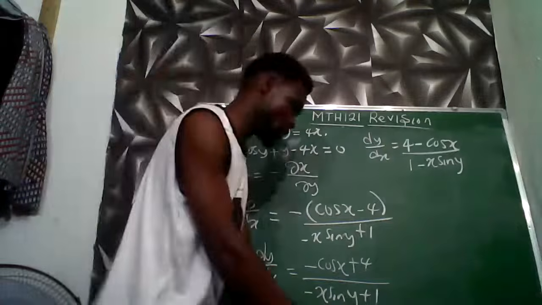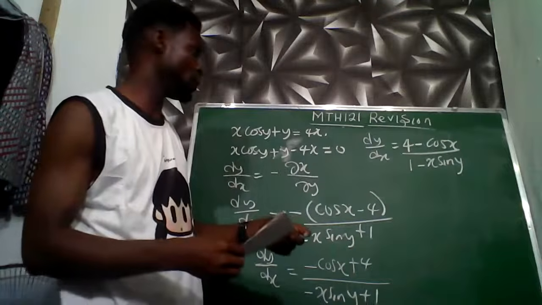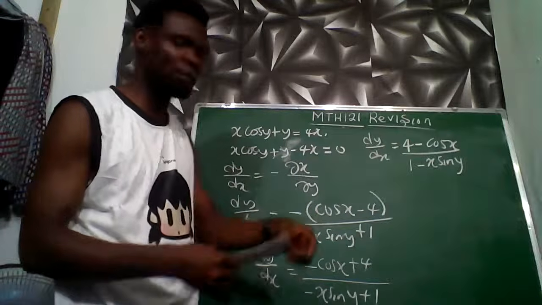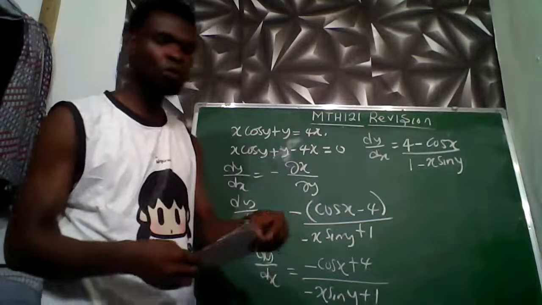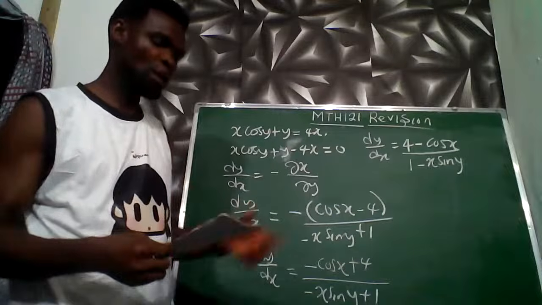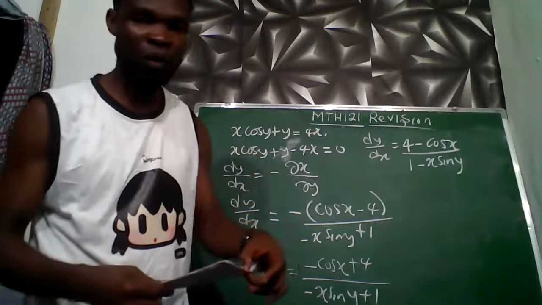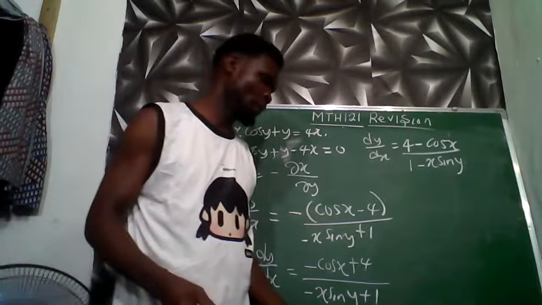That becomes the answer. So that is option 4 minus cos x all over 1 minus x sin y. That's option C. All right.